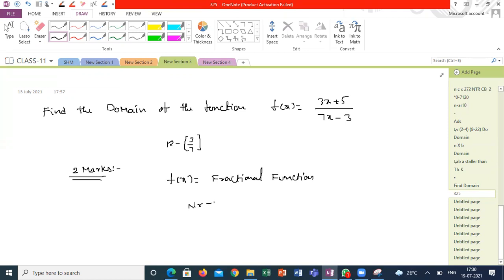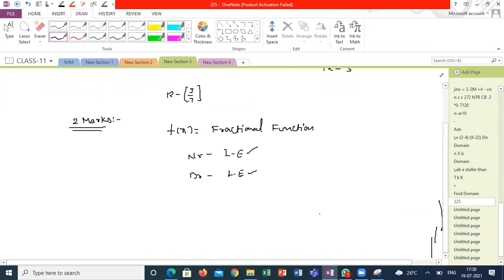Where the numerator is a linear equation, the denominator is also a linear equation. First explain about the function. The denominator can't be 0 here, because the numerator can be any value, since for a linear equation R is the domain. Denominator should not equal 0 for a fractional function.